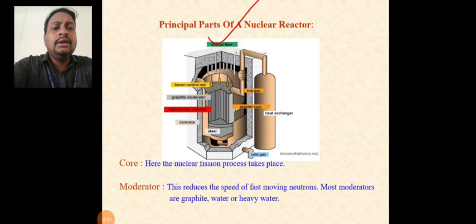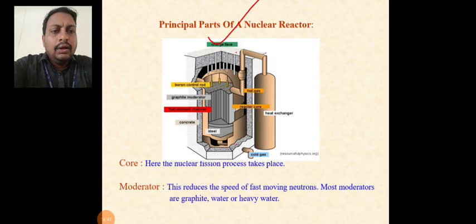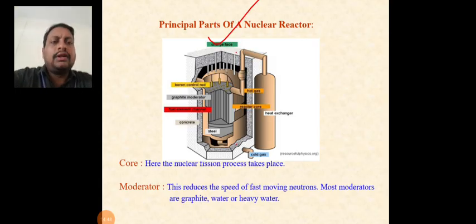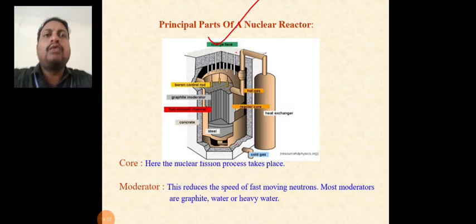It acts as a speed breaker. The normal speed of the neutrons is 1.5 into 10 to the power of 7 meters per second.